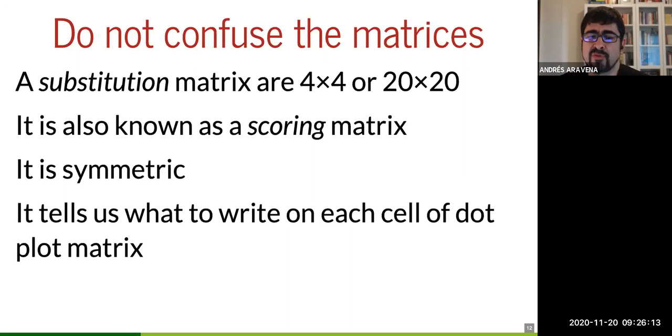That is called the substitution matrix or scoring matrix. These are square matrices and they are symmetrical. But we are not talking about this. That matrix is an input for you. I am giving you the Blossom matrix or the PAM matrix, the way that you will compare. That is an input. This is not the one that we care about. We care about the dot plot matrix.